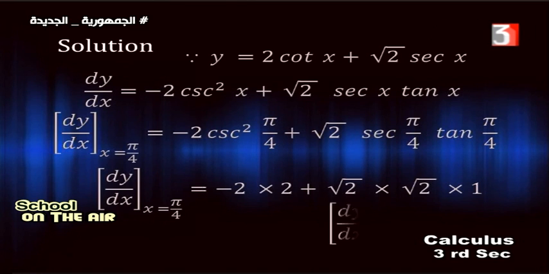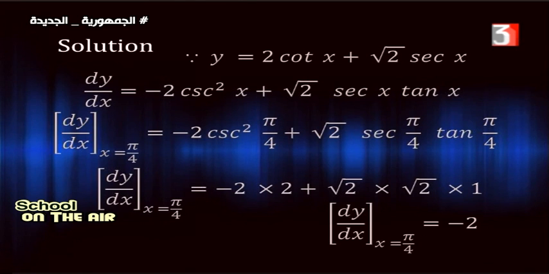Then dy/dx at x equals pi over 4 equals negative 2, and the slope of the tangent to the curve is the first derivative of the function, but at x equals x1 or x equals pi over 4 in this example.